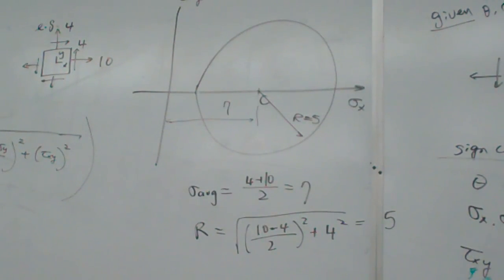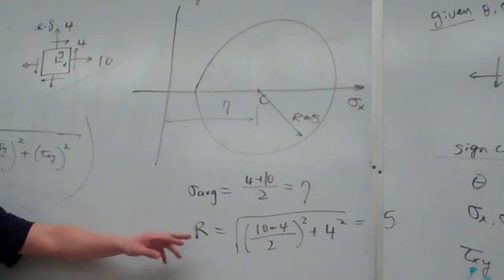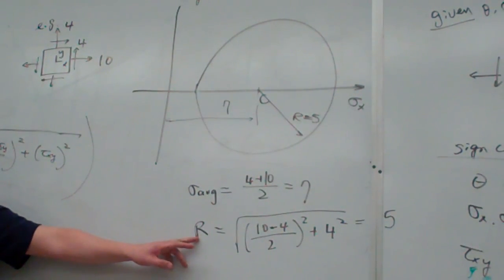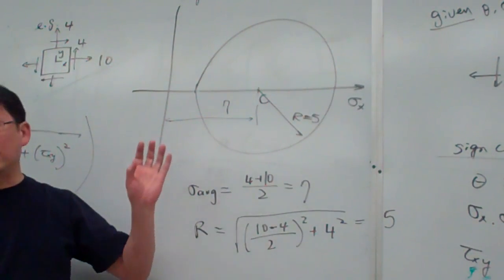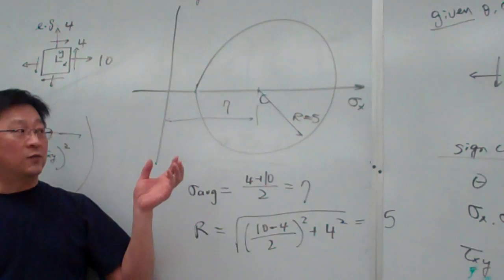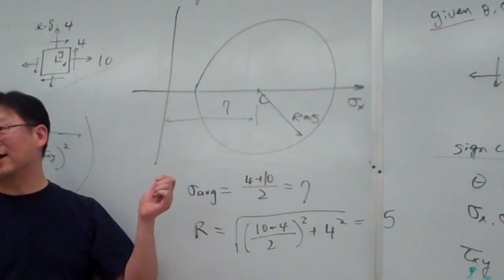So using this, based upon these two equations, we don't have to memorize the equation. Actually, the only thing you need to know is how to calculate the average and the radius. And then the points on the circle represent all the possible transformed stress components for any value of theta.